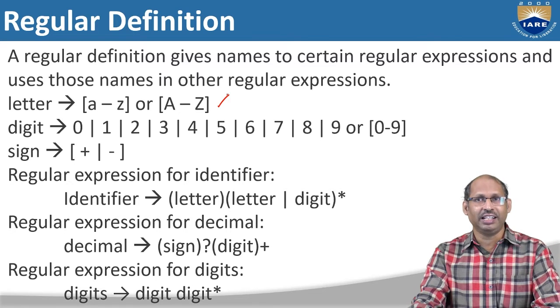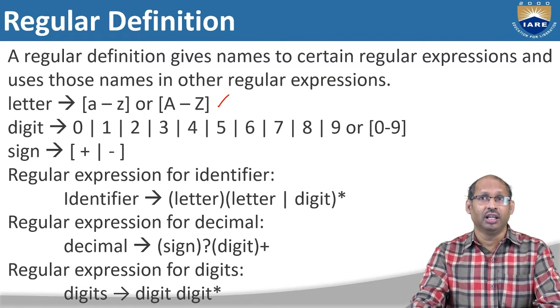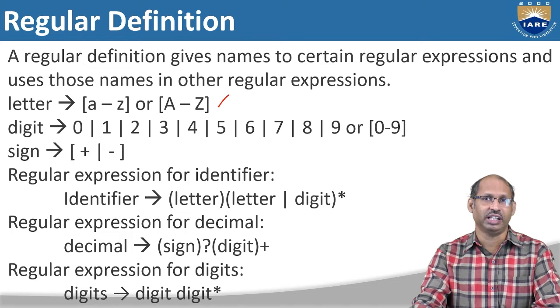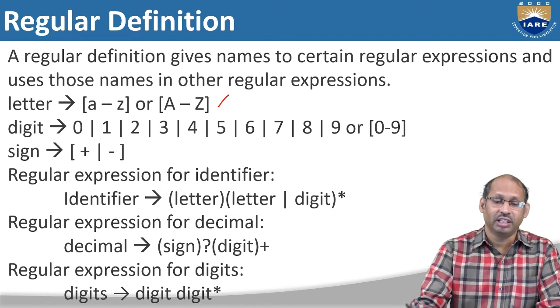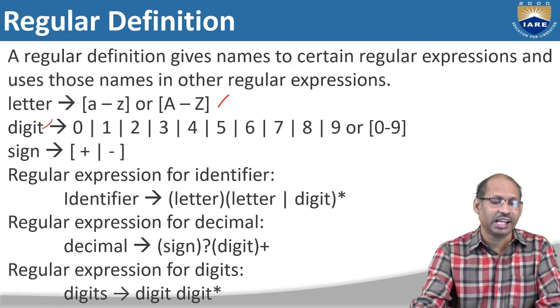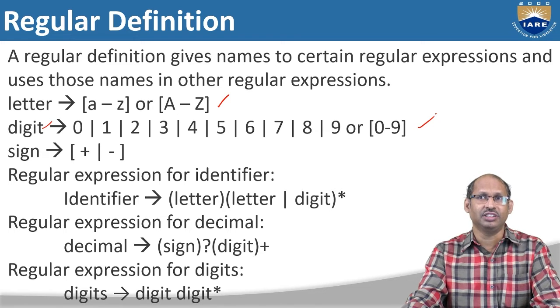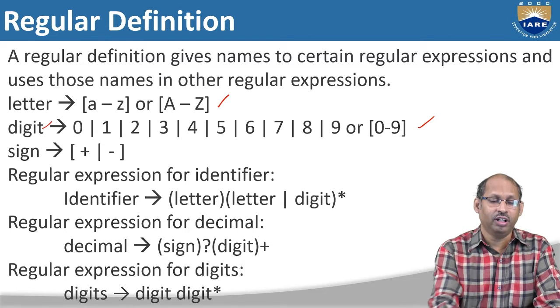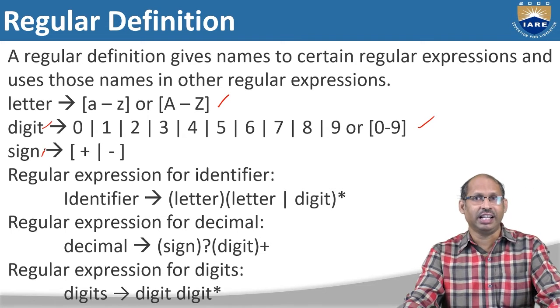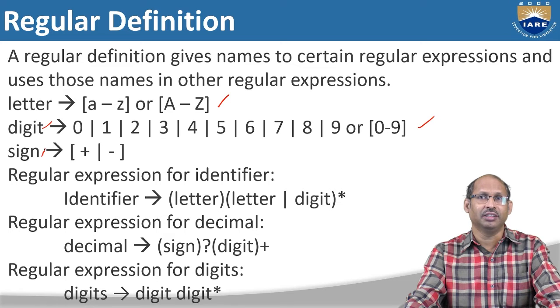A letter will represent small letters A to Z or capital letters A to Z. Digit is a regular definition which represents the digits 0 to 9. Here the word sign is a regular definition to represent a sign, plus or minus.